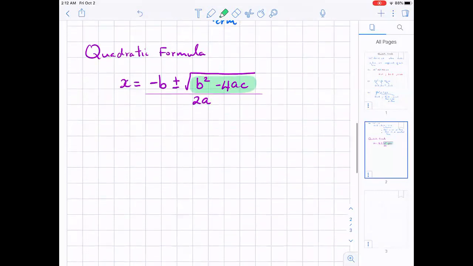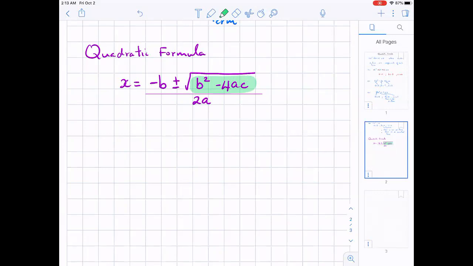And we'll see later on what happens if b squared minus 4ac is equal to 0, if it's positive, and if it's negative. We've already seen that since it's a square root, when what is under the square root is negative, we have imaginary solutions.